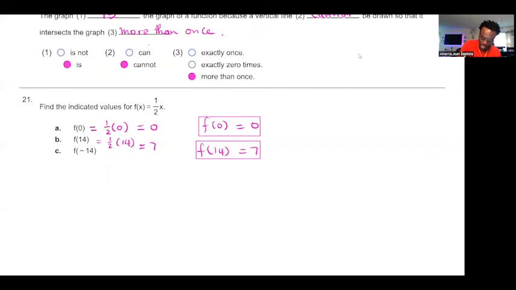And f of negative 14 is 1/2 times negative 14, which is negative 7. So f of negative 14 is negative 7.